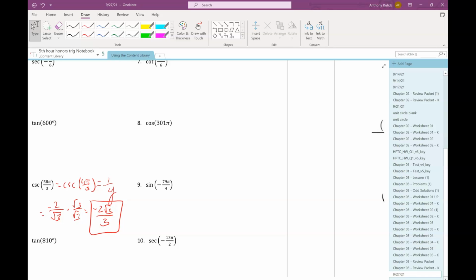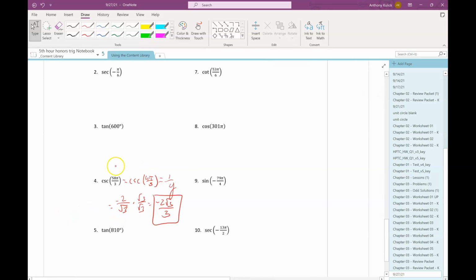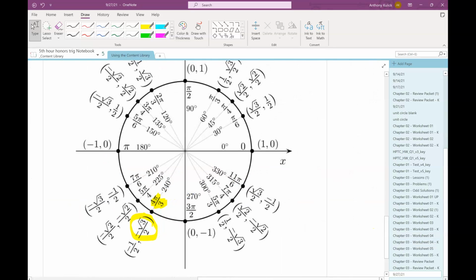Now, you could have also done this visually without your calculator. So if I convert 58 over 3, that's embarrassing, it is 19 and 1/3. So what I'm going to do is count around the unit circle.